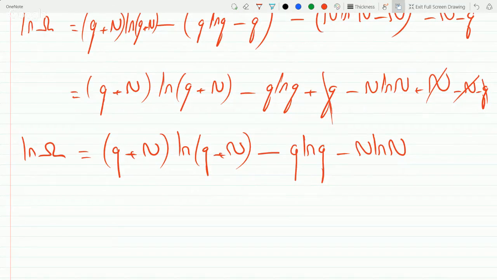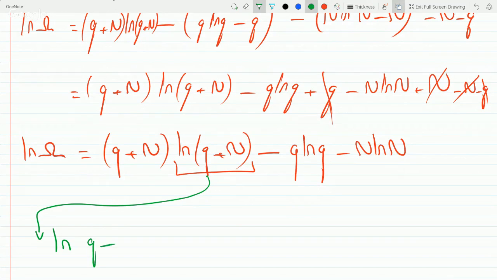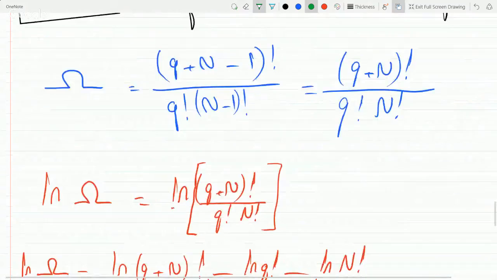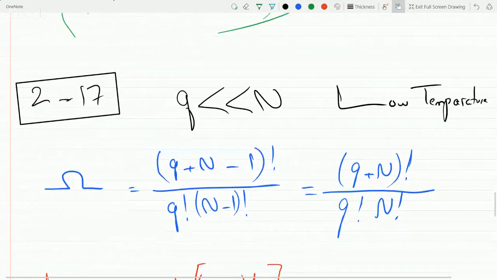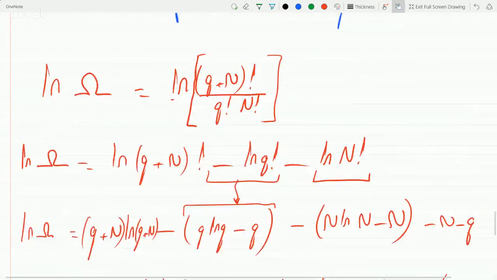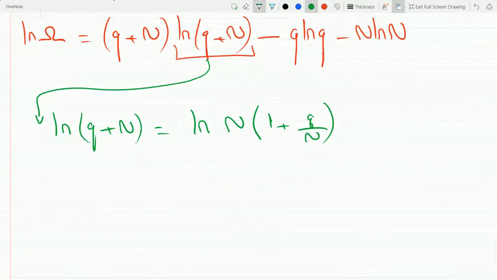Okay, now let's see how we're gonna work with this guy here. So let's move this guy and do the approximation on it. ln (q + N) is equal to ln, you could factor the N out, and this becomes 1 plus q over N. And as we said, q is a lot less than N, so q over N is a lot less than 1.